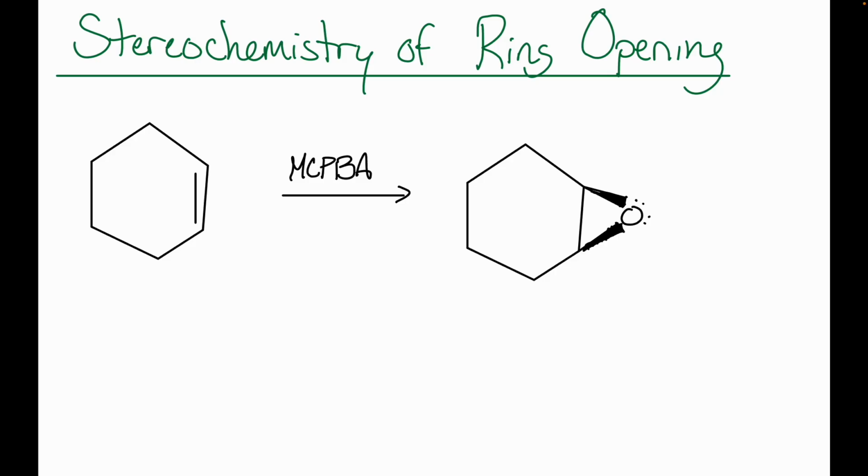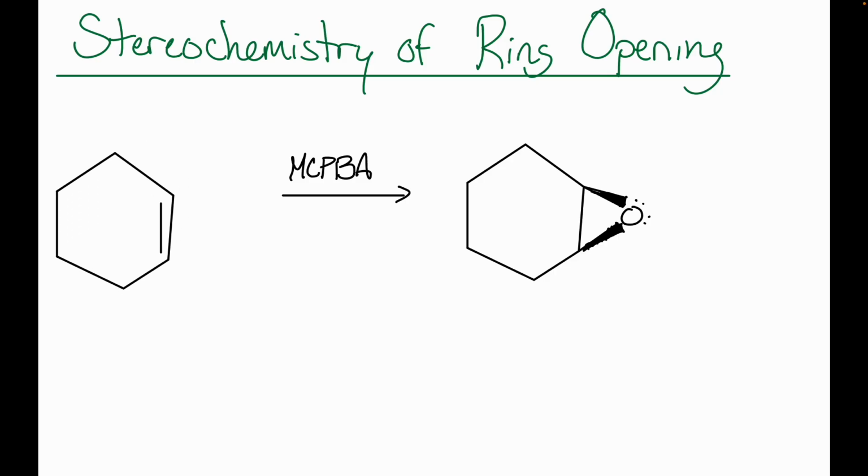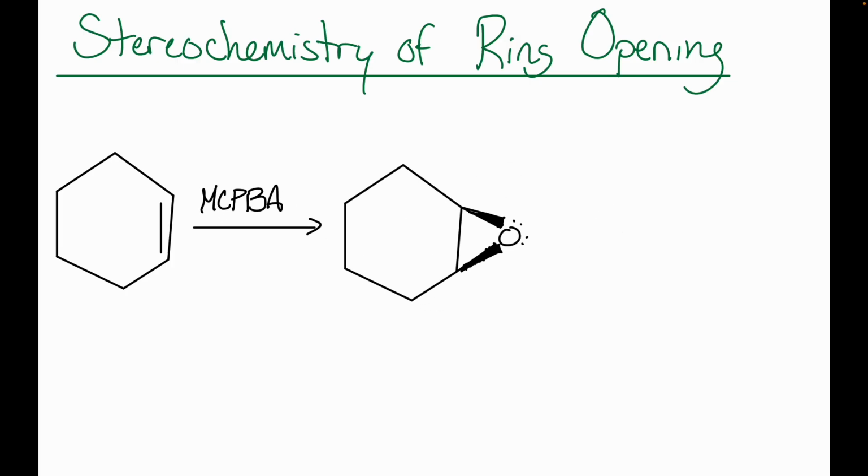All right? So now let's take this alkene. Not an alkene, I'm sorry. Let's take this epoxide. All right, we're going to react it with a nucleophile. I'm going to take this alkoxide ion here. Would I be under acidic conditions or basic conditions with this nucleophile?